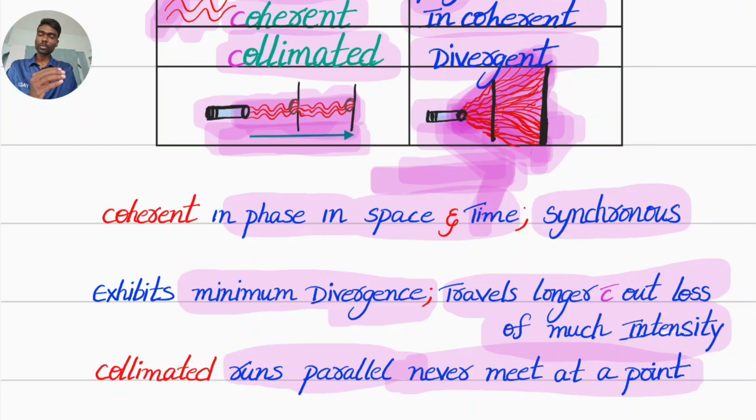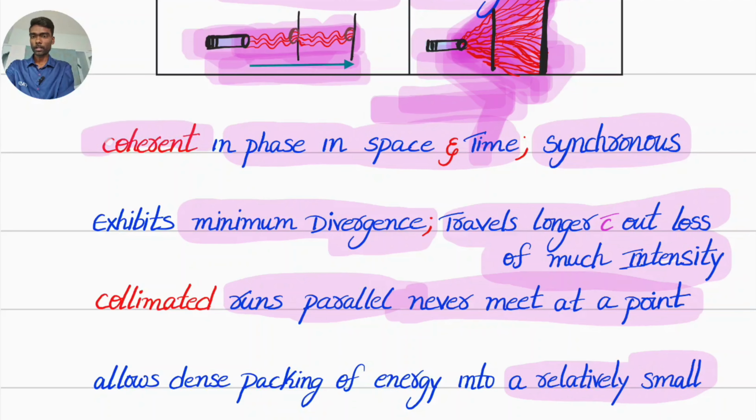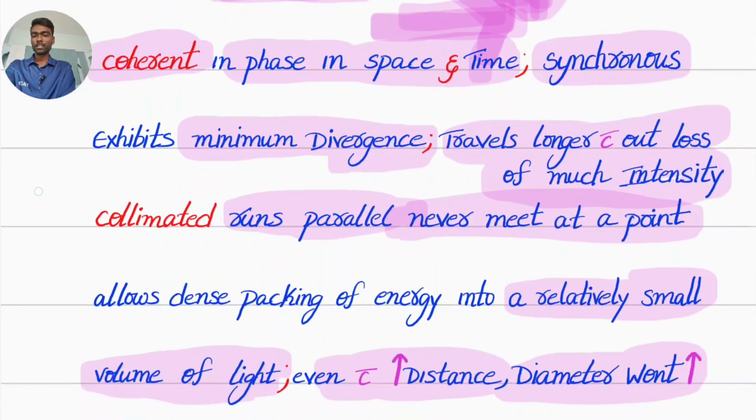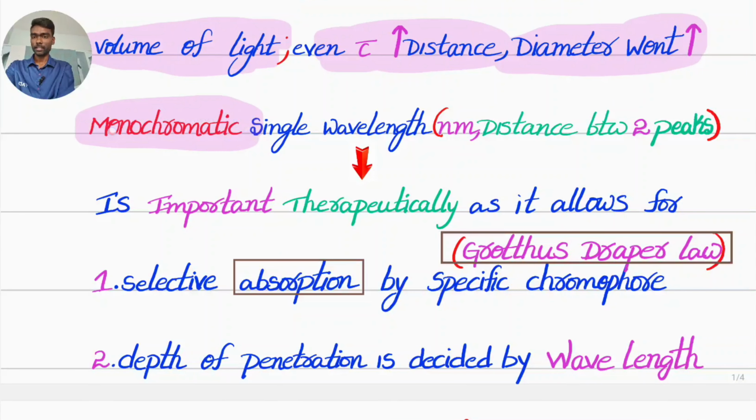If we throw it at the farthest building, intensity will be lost because of divergence and we can't even appreciate the normal light on a farthest building. Whereas laser light, we can see clearly with the same intensity and same diameter on the farthest building also, because of these properties of coherence, collimation and monochromaticity, that is nothing but a single wavelength.